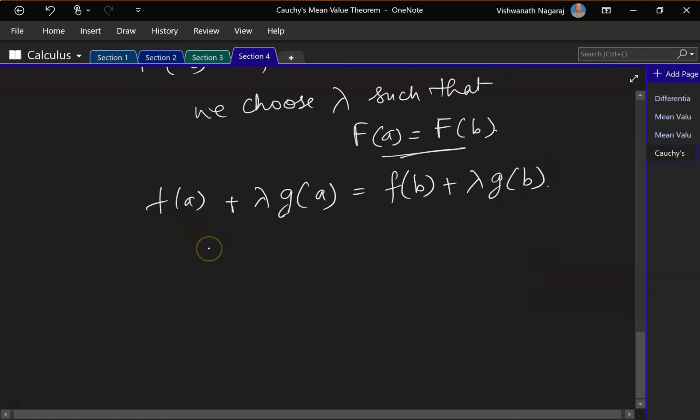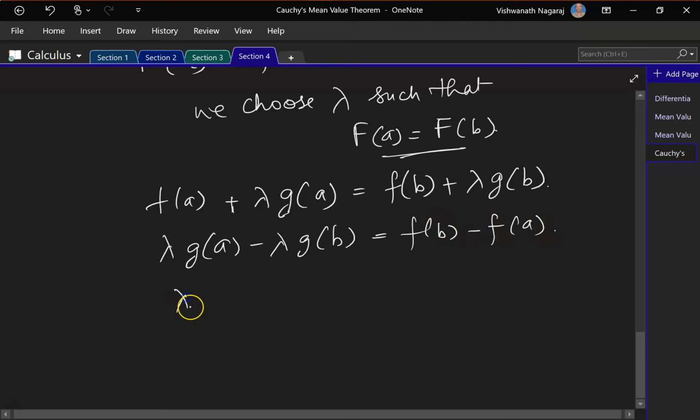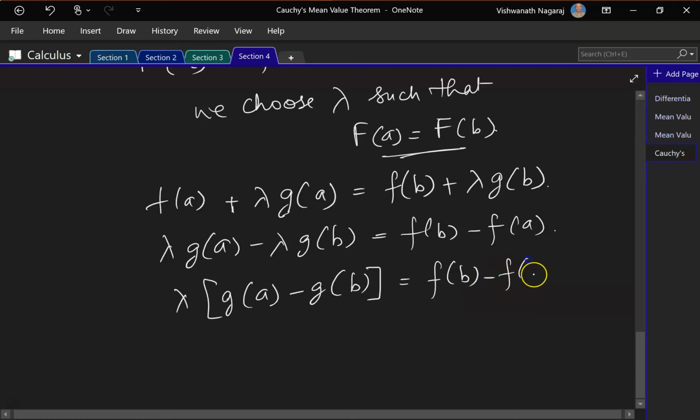Let's rearrange this: lambda g of a minus lambda g of b equals f of b minus f of a. Now here lambda is common, so lambda times (g of a minus g of b) is equal to f of b minus f of a.